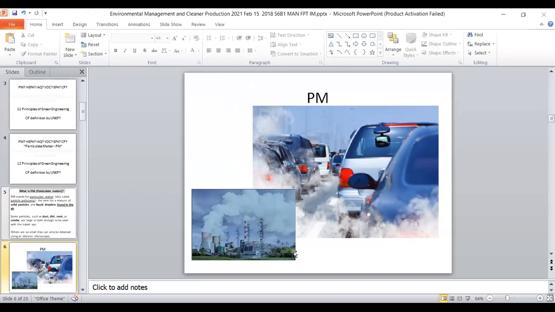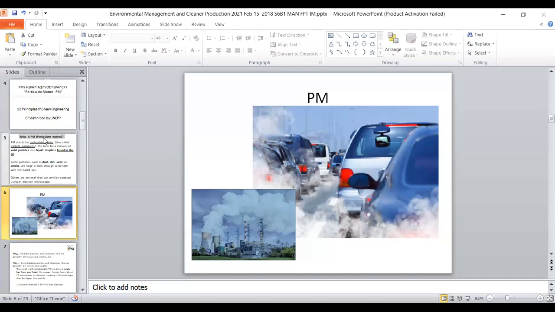When people are exposed to this particulate matter, there is a health risk and also safety risks, human health mainly. This is prior knowledge, because environmental management and of course cleaner production are both important, especially if we are damaging and polluting the environment.